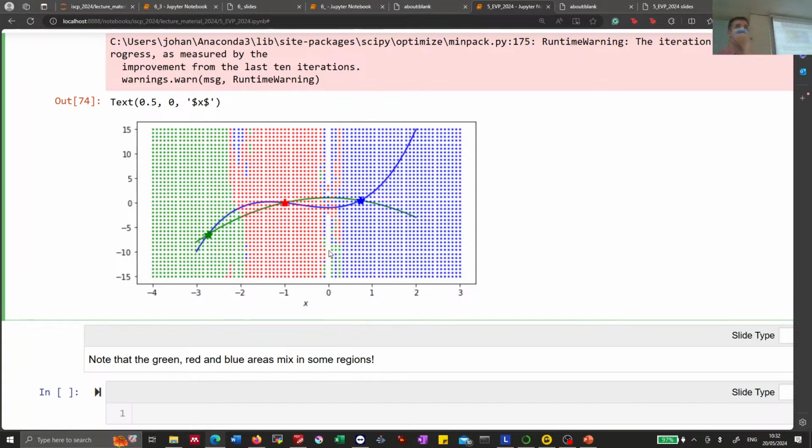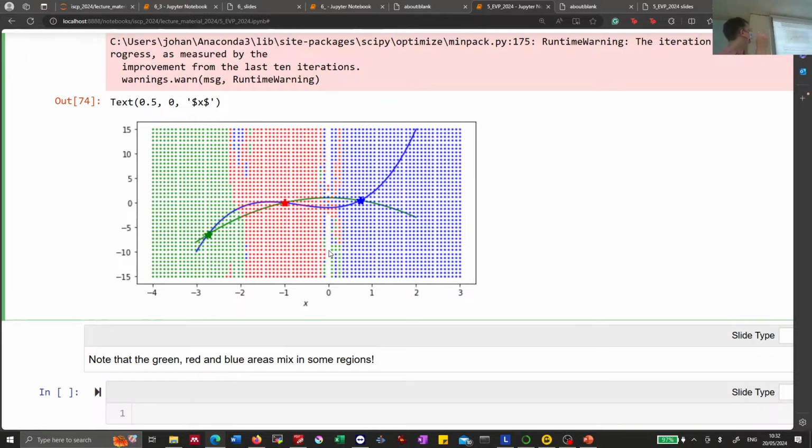I say this is my guess to solve my system of nonlinear equations. And what I get is the green star, because here the distance to my solution is very small. And then I say, hey, when you get the green star solution, mark that point green. The next point, the next point, and all these points will be green.